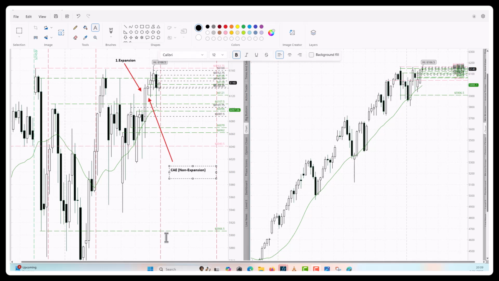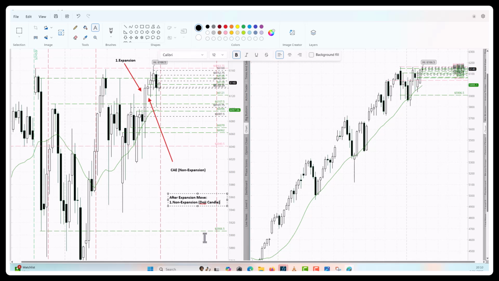Or you can have a third scenario. Yeah, we need to put a note right here. So basically, after an expansion move, we have three scenarios right here. It's either going to be a non-expansion, which you can call a doji, or consolidation right there.